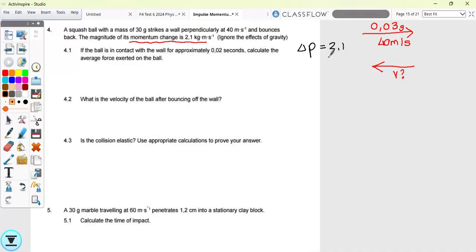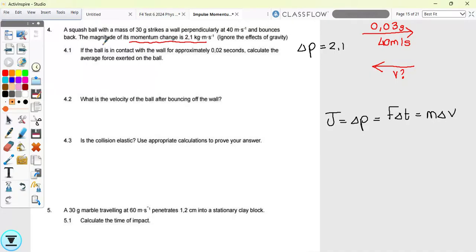So as soon as you get that, you know that you're going to write down the whole impulse thing, F delta T equals M delta V. And then you're going to think which part of this equation are you going to use? Let's see what they give us.